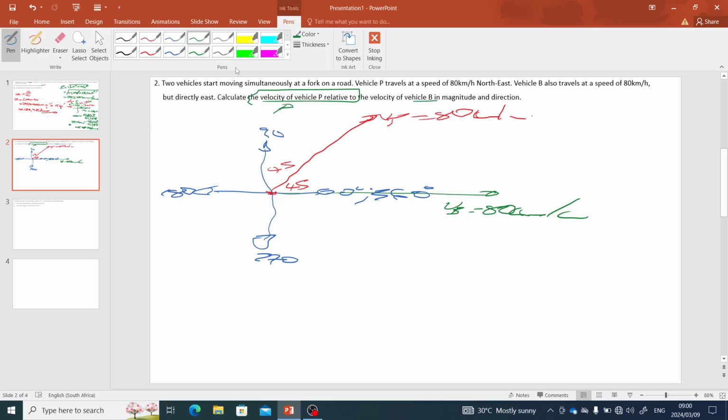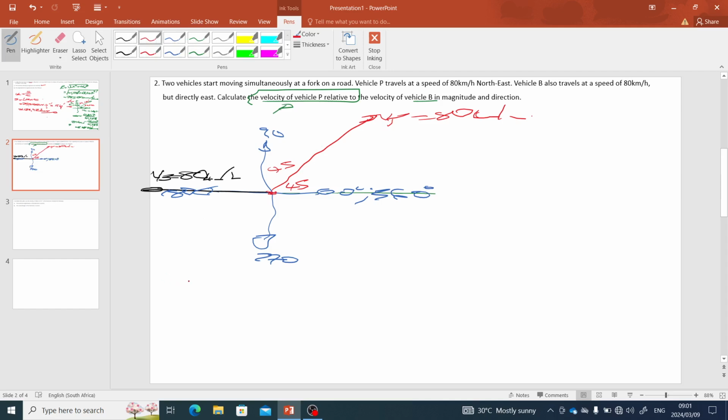Now, we will reverse. I would use a black color to reverse. We will reverse VB. VB now is heading west at 80 kilometers per hour. Right. Now we do not want to be using this one, because we stopped and reversed.